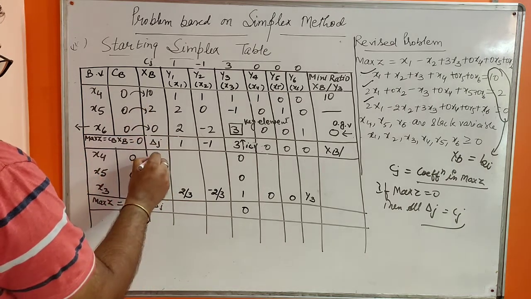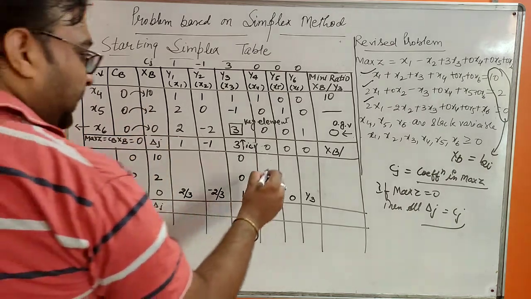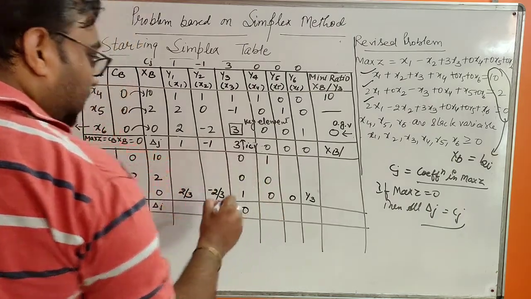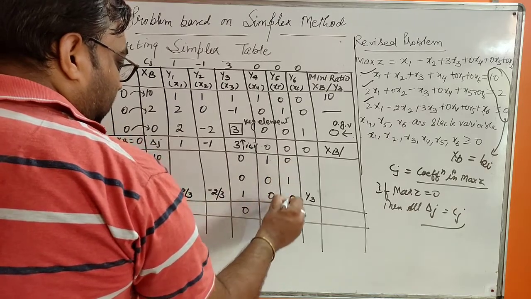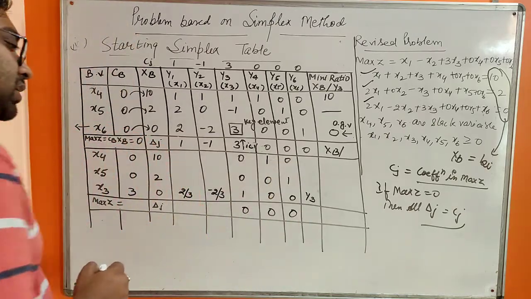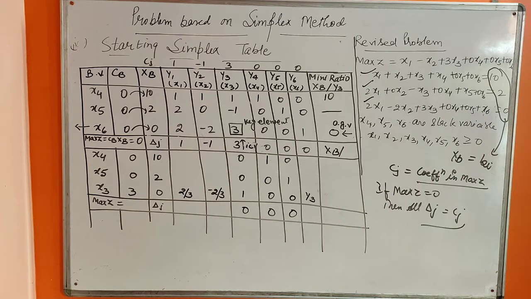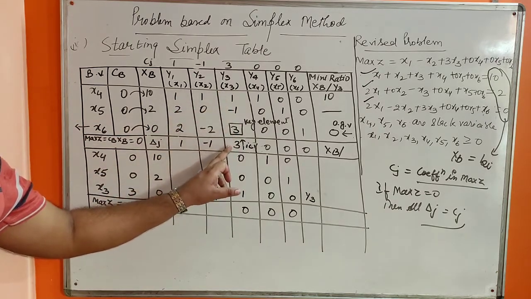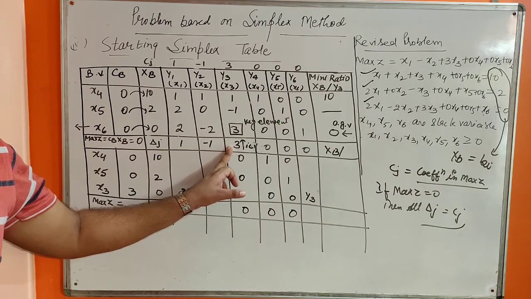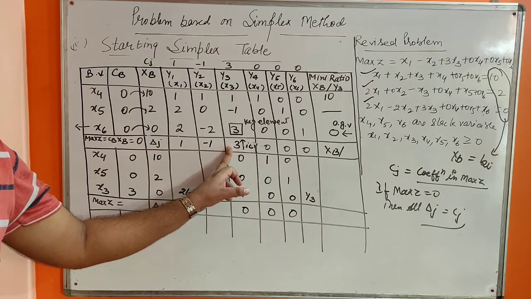So these columns will remain as they are, with no changes in them. And if there is any 0 in the key element column, then that particular row remains as it is, but there is no 0 in the key element column in this particular step. So no row remains as it is.